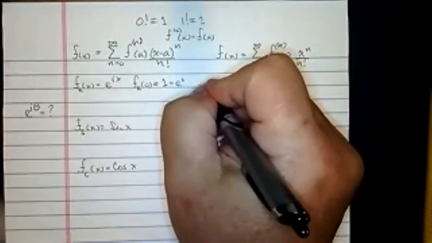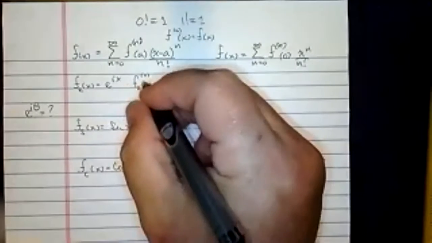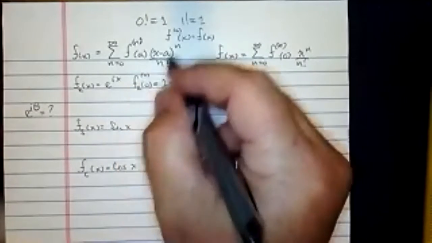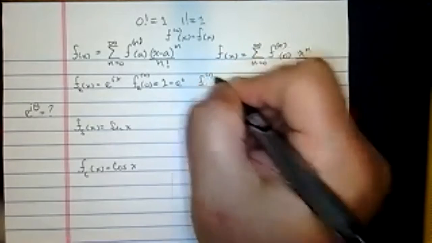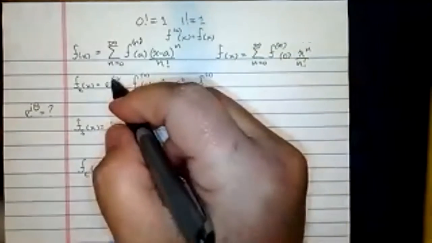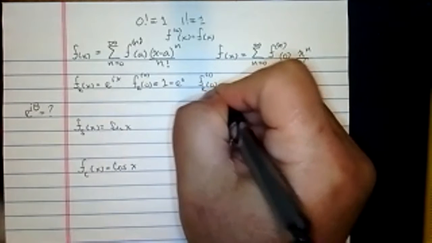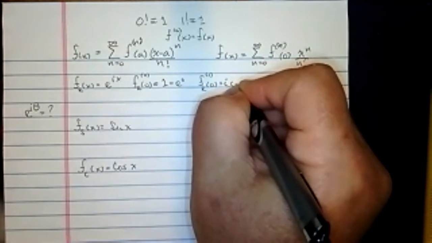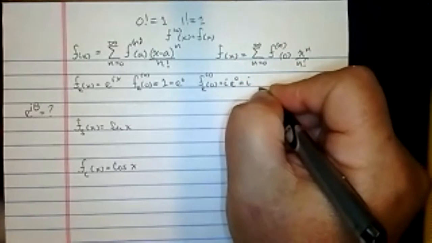And that of course is also the same thing as the 0th derivative, because the 0th derivative is just defined to be f of x. The first derivative of f sub e, of course, would be i times e to the ix. So in this case, it's going to be i times e to the 0, which of course is just equal to i.